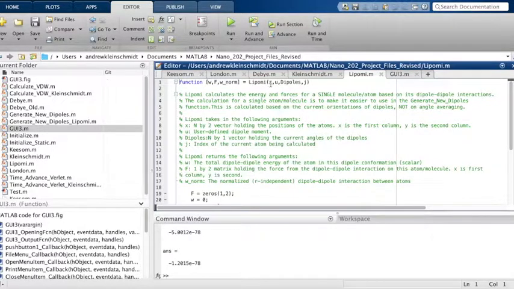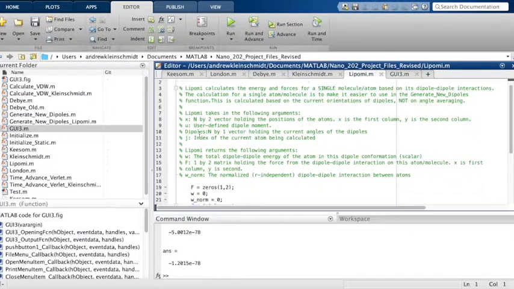So this is done in the style of Keesom, where we're only calculating the energy and forces on a single molecular atom based on its dipole-dipole interactions. So the Lipome force is one that's similar to the Keesom, is related to the relative orientations of dipoles of a polar molecule.